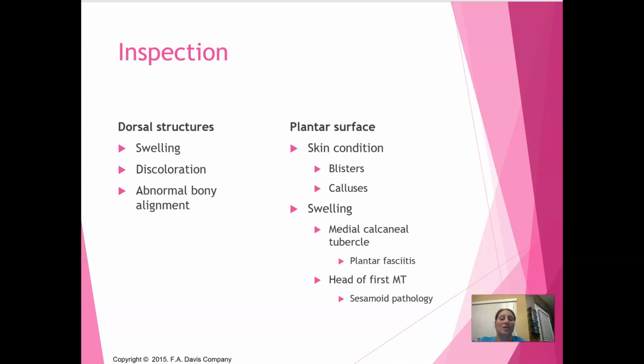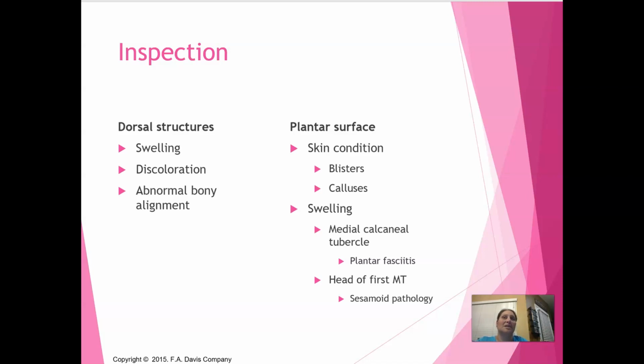We want to look at both the dorsal and plantar surfaces of the foot. We're always going to look for swelling, discoloration, any type of abnormalities, and we're comparing bilaterally to the uninjured side. We also want to note if there are any blisters or calluses.